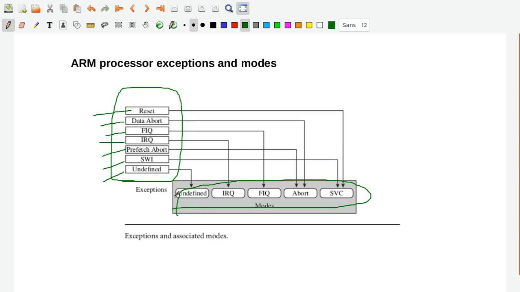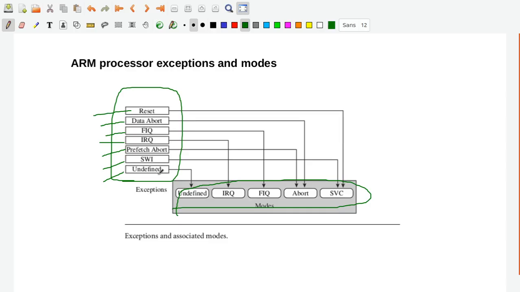If an undefined exception happens, the processor will be in the undefined mode. Whenever an exception is raised, the processor switches to a different mode, because the processor has to be in a different mode to handle the respective exception.